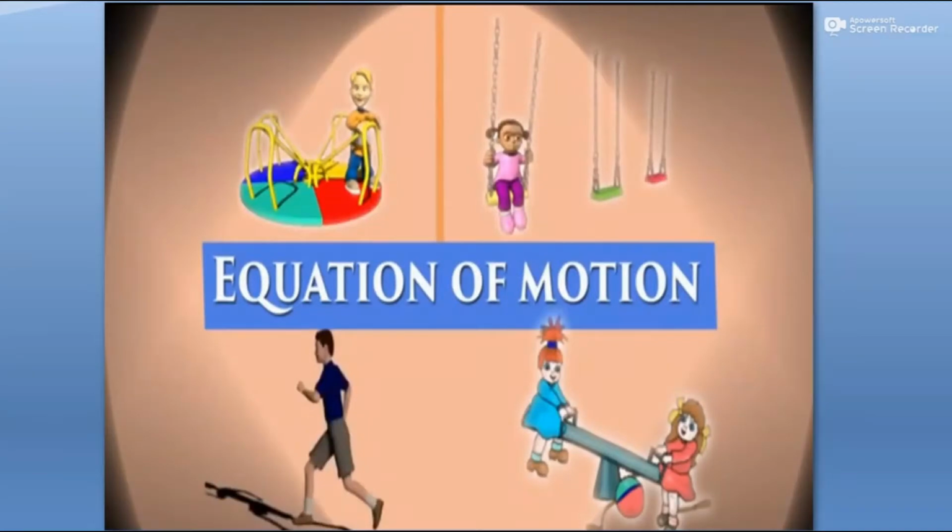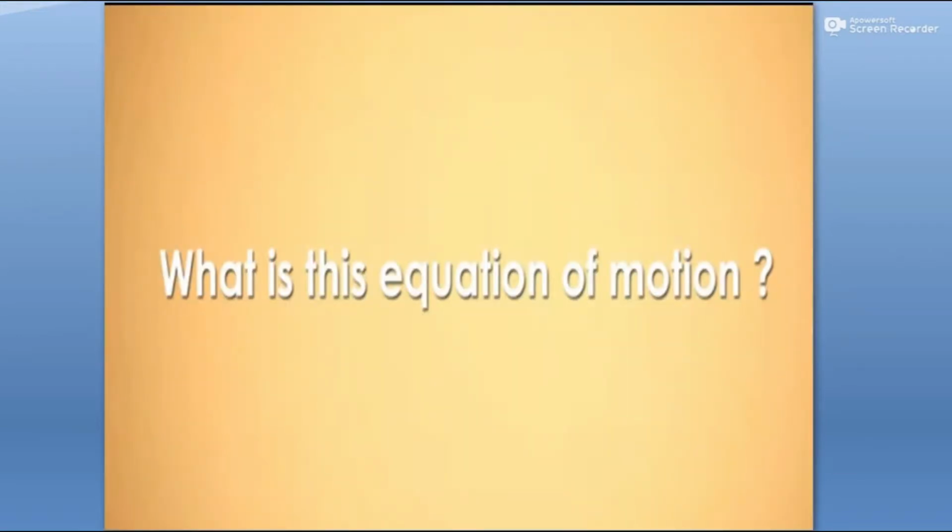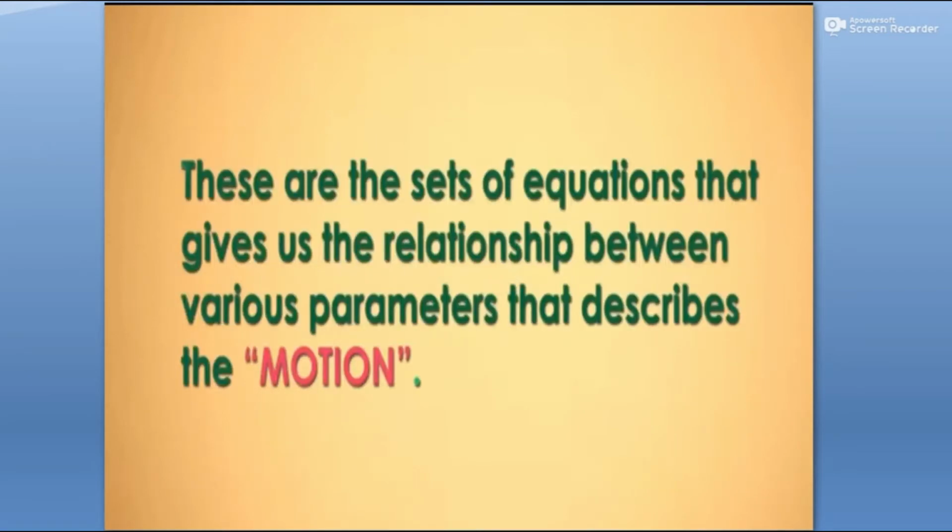Let's start with the topic, that is equation of motion. First we will see what this equation of motion is. These are the sets of equations that give us the relationship between various parameters that describe the motion.